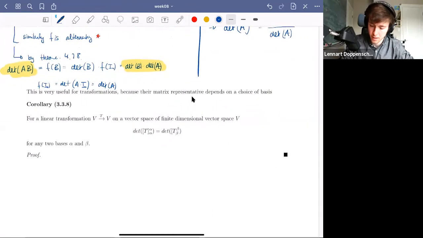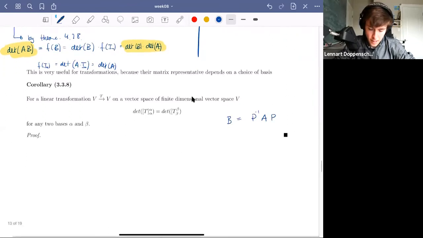So this means if A was the original matrix that we got by choosing one basis, and then we choose another basis, we just multiply with P inverse P. So the corollary of this proposition that we just proved is that for linear transformation, the choice of basis doesn't matter. So the determinant of the matrix representing a transformation in every basis is the same.